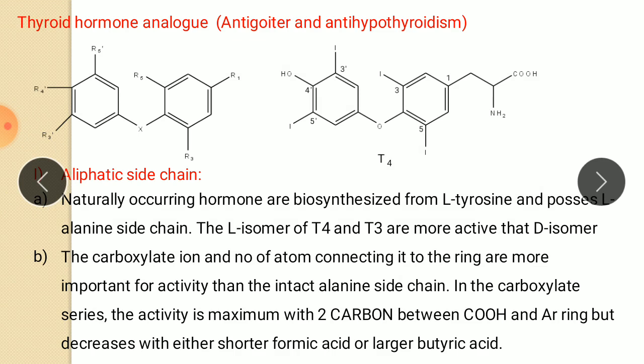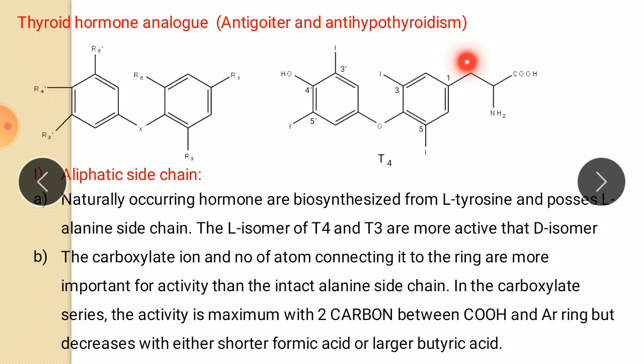Previously, drugs used in hyperthyroidism meant there is more secretion of thyroid hormone, but here hypothyroidism means there is less secretion of thyroid hormone. The drugs which are used in hypothyroidism are called anti-hypothyroidism or anti-goiter agents, or thyroid hormone analogs. So here there are some SAR points.